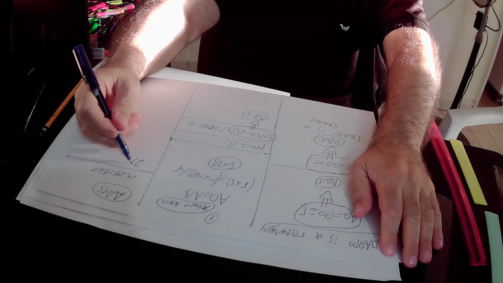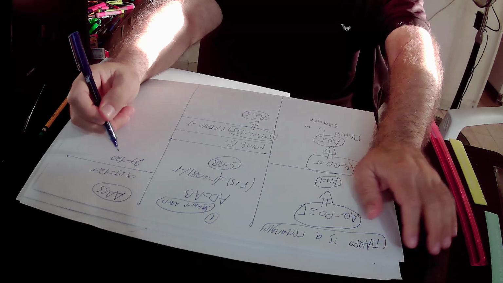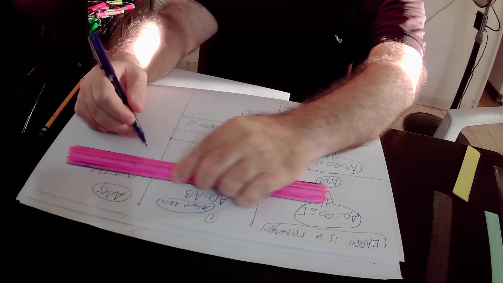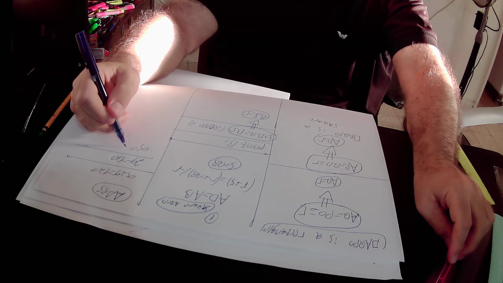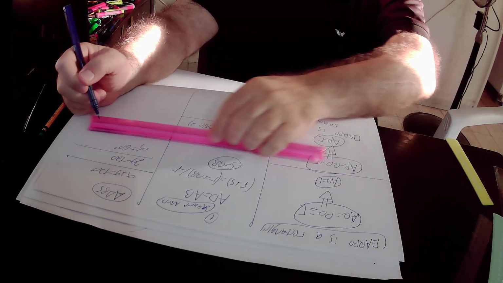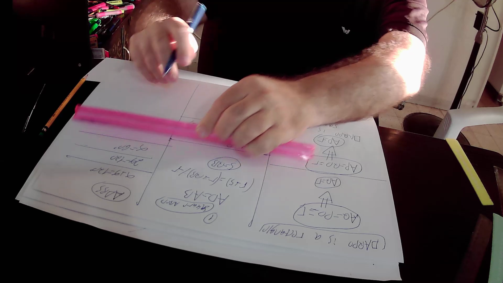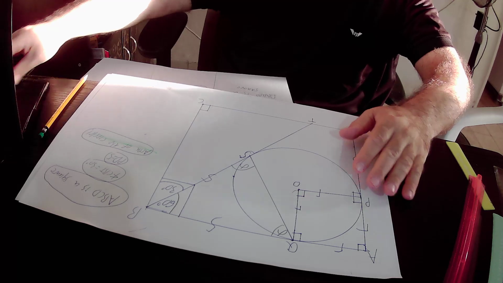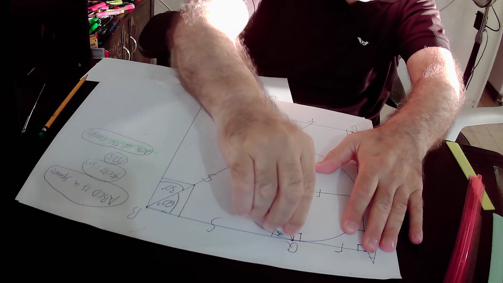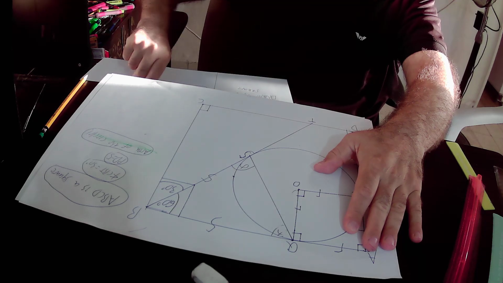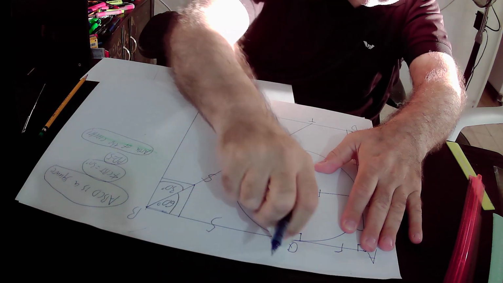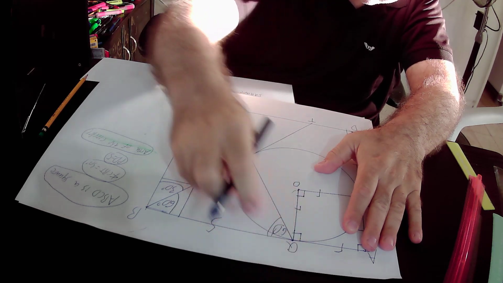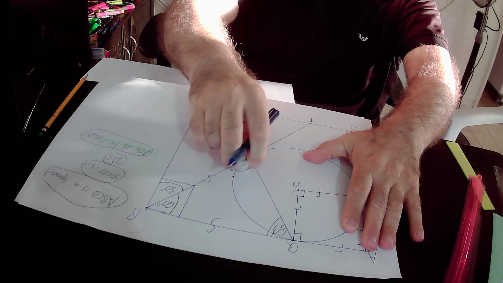Alpha plus alpha is 2 alpha, equal to 120 degrees. We divide this equation by 2, and we get that angle alpha equals 120 degrees over 2, which is 60 degrees. So angle alpha equals 60 degrees.